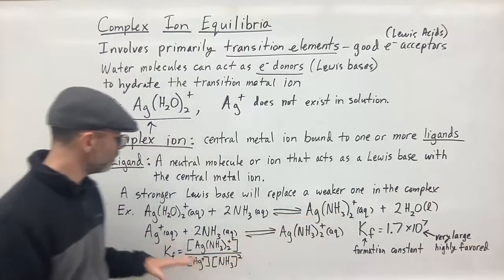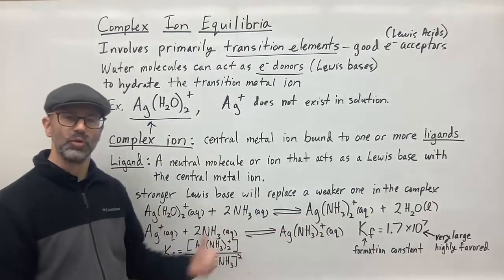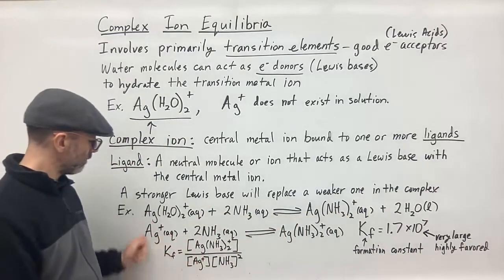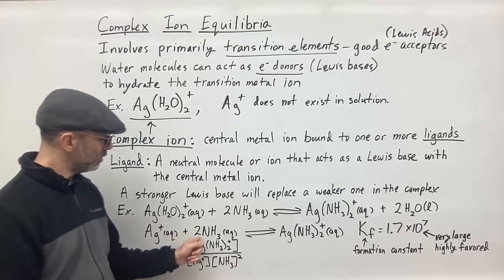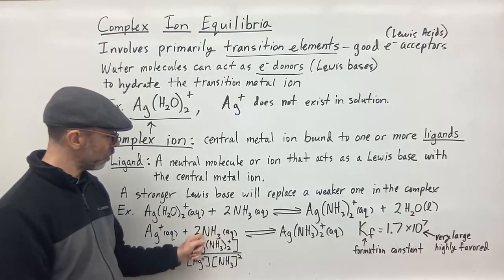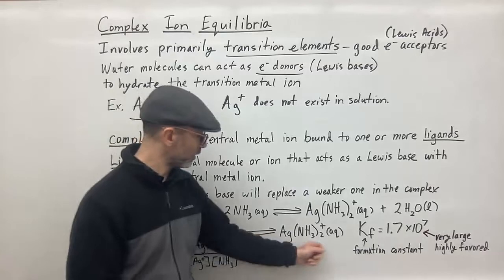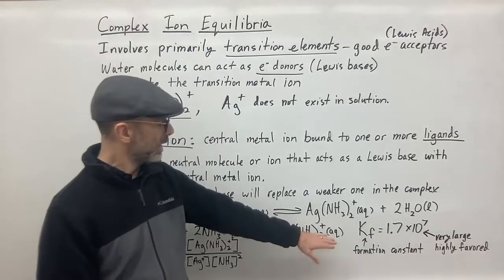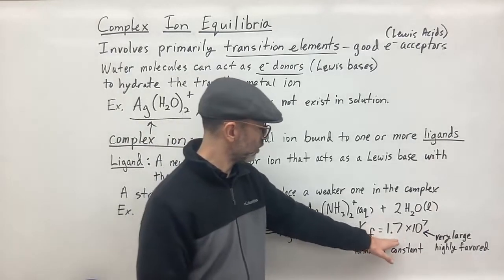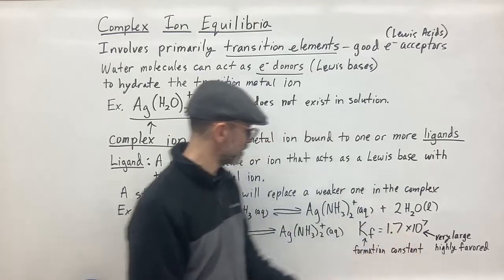So we can simplify this equation by removing water. So we have Ag plus, and we have two ammonia. That's going to bind together to form the complex here. And this Kf value is equal to 1.7 times 10 to the 7.